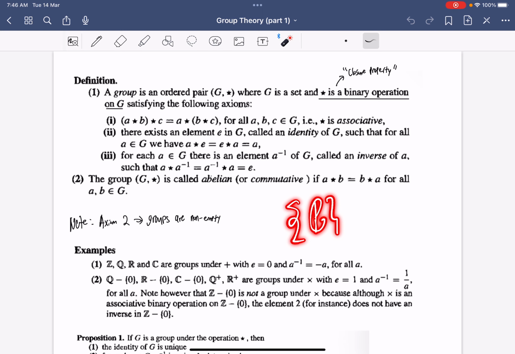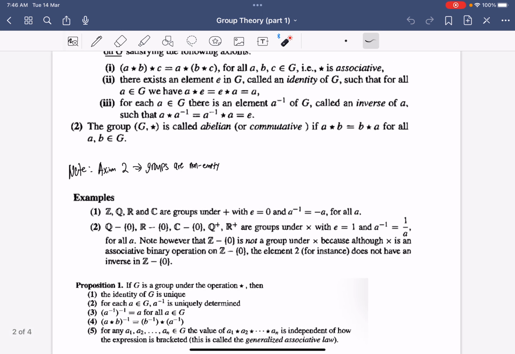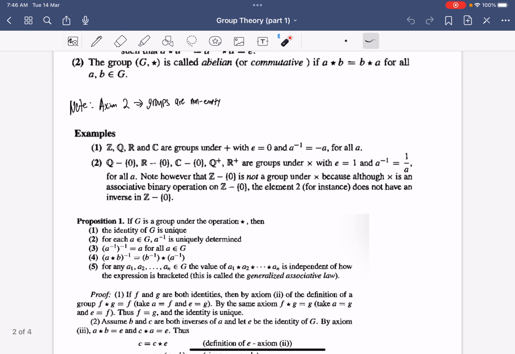Usually we also denote the identity as 1 because you can think of it as a multiplicative identity, or 0 for the additive identity. So these are some common examples of groups that I'll leave it to you to read. What to note is that Z is not a group under multiplication because there is no inverse, even though it is a binary operation.